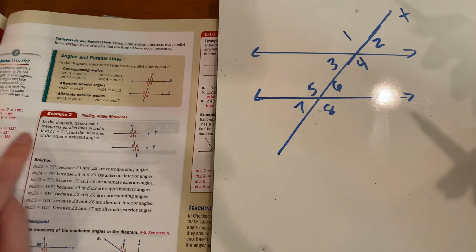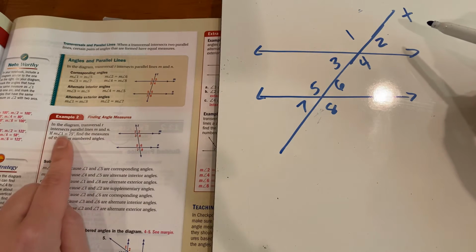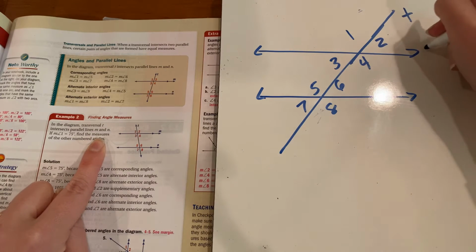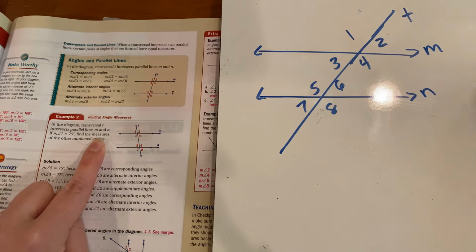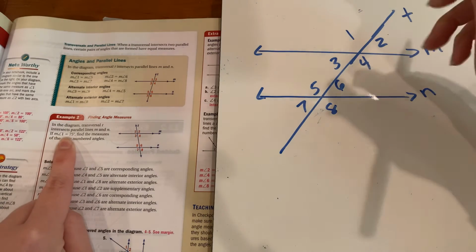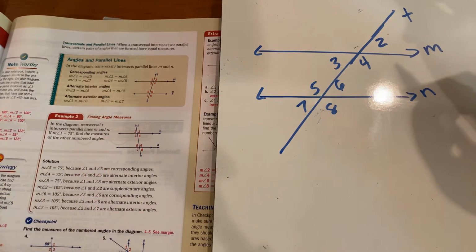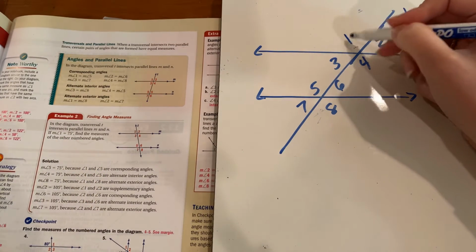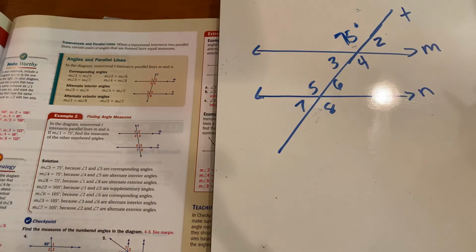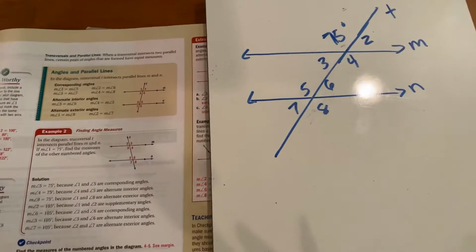So now they're saying, for example 2, in the diagram, transversal T intersects parallel lines M and N. So we'll make this one M and this one N. If angle 1 is 75 degrees, find the measures of the other angles. All right, again, this is when you get to these fun Sudokus, where it becomes actually quite easy once you know one measurement.